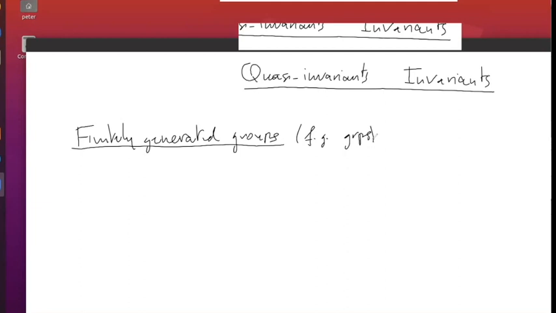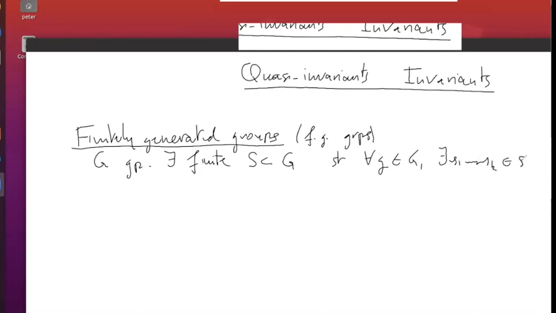So you start with a group G, and you assume that there exists a finite set S in G, such that each time you pick an element of your group G, you can find elements S1, ..., Sk in S that enables you to write g like that.